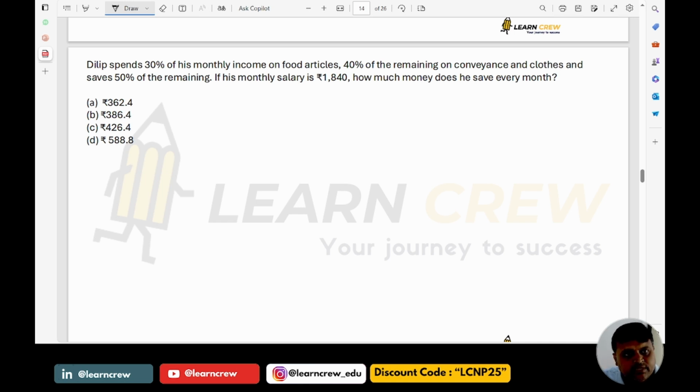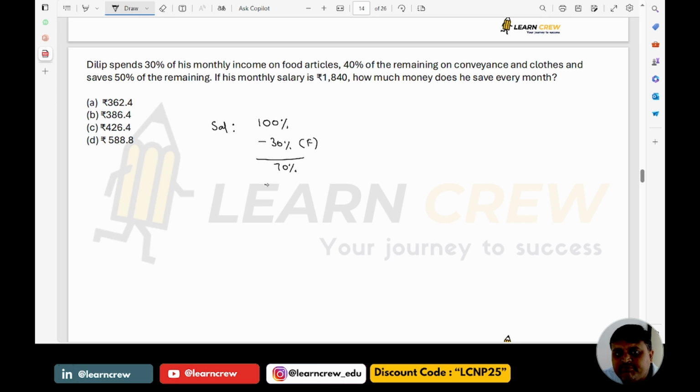Please see here. So if his total salary is 100%. Out of that, 30% he is spending on food, right? So remaining is how much? 70%. Now 40% of the remaining on conveyance and clothes.